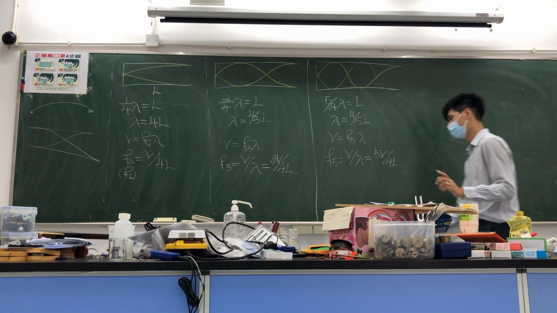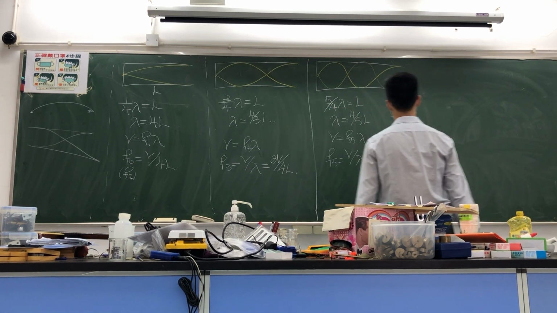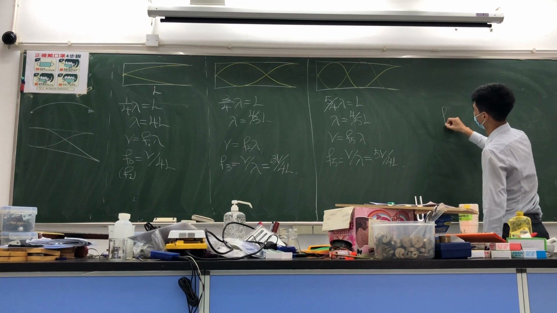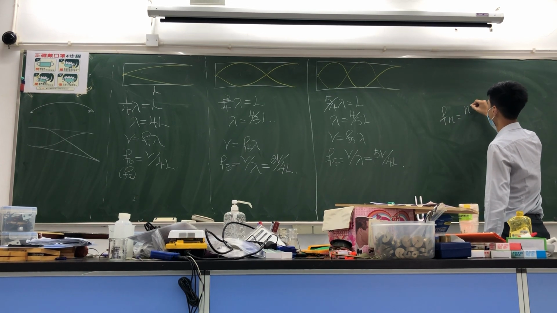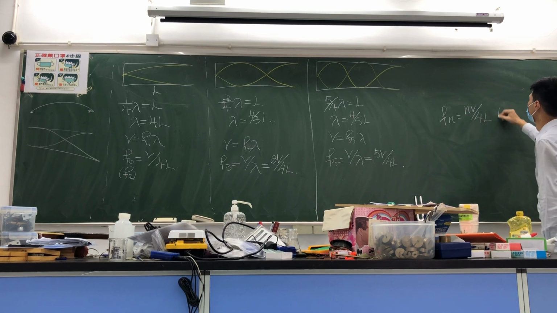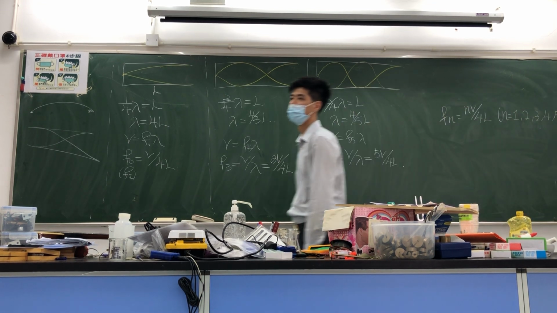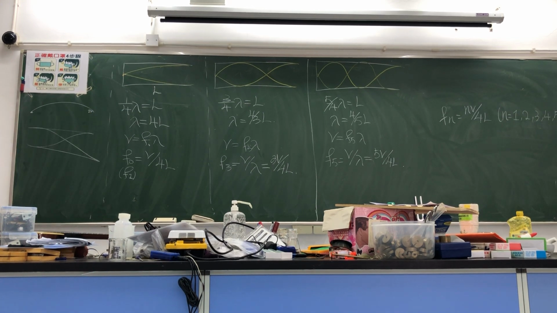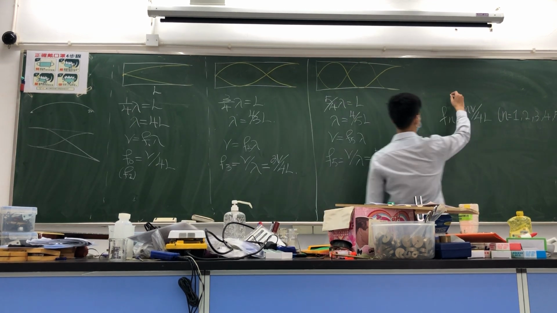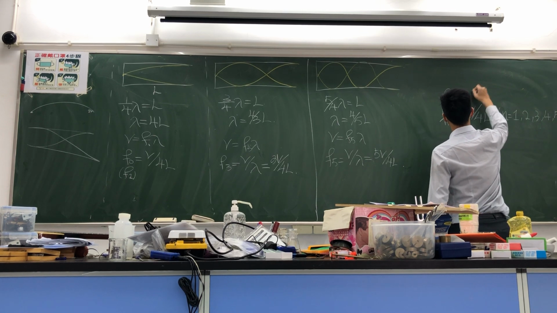Okay, so this equation will become Fn equals nV over 4L, where n equals 1, 3, 5. Okay? So this is for the closed tube.